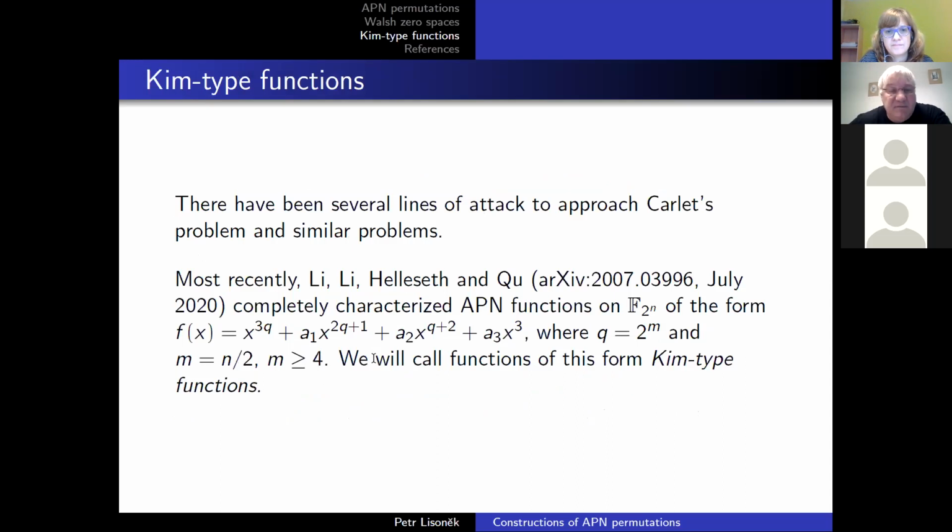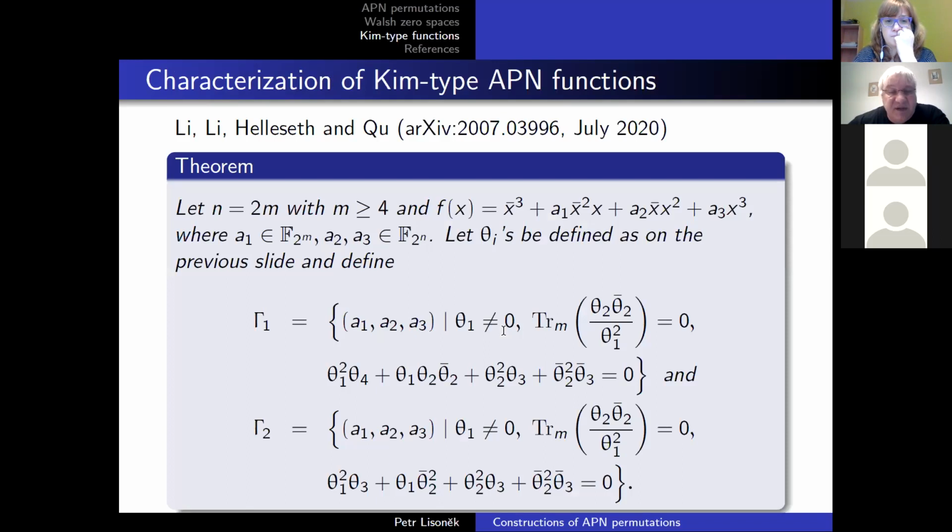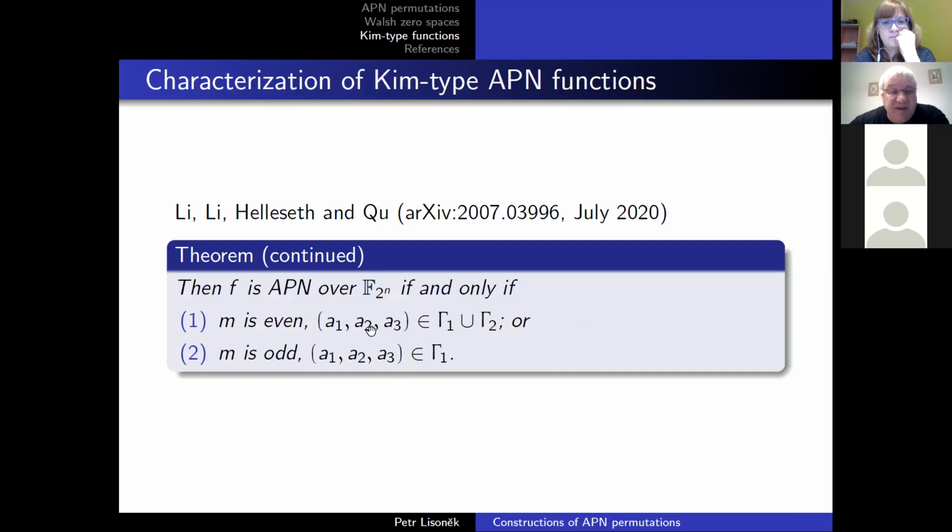And in our work, we used a characterization, which was published just a year ago by Li, Helleseth, and Qu, of when these functions actually are APN. They have conditions which are algebraic and trace conditions for when such a function is APN.